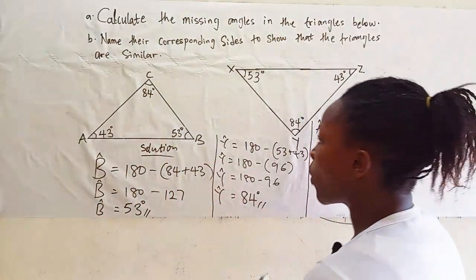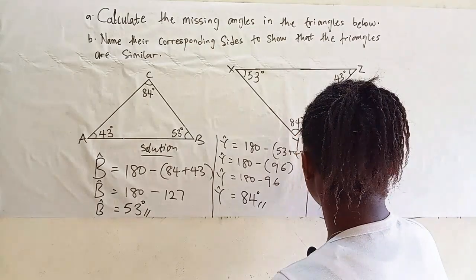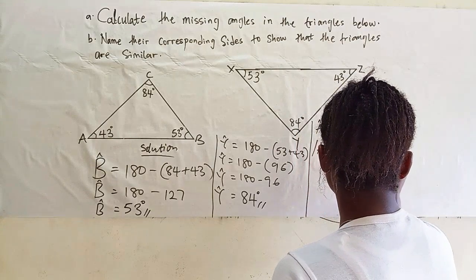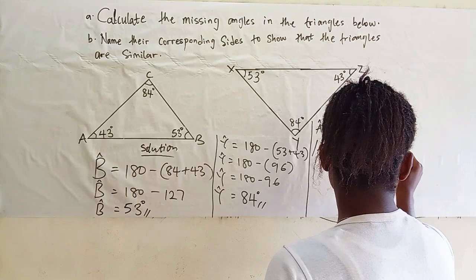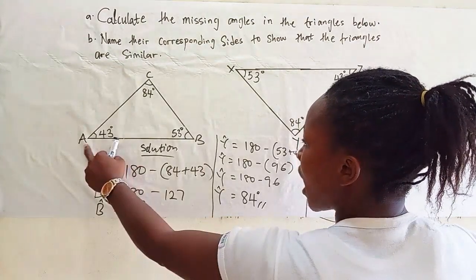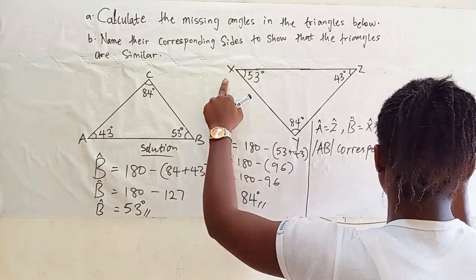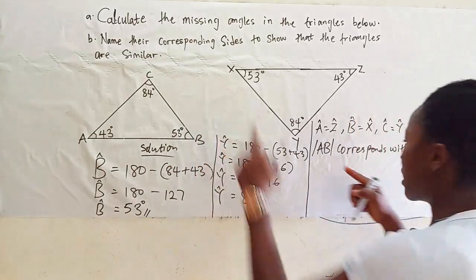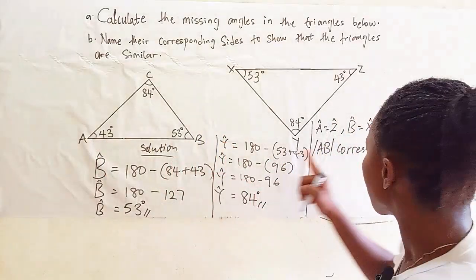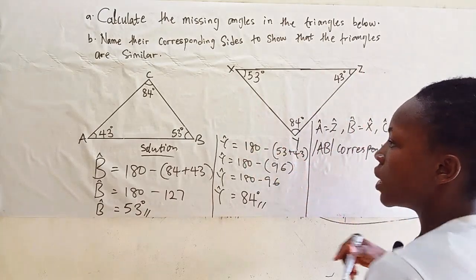So in naming them, we are going to have side AB corresponds with side, our A is Z, while our B is X. Alright? Side AB corresponds with side ZX.